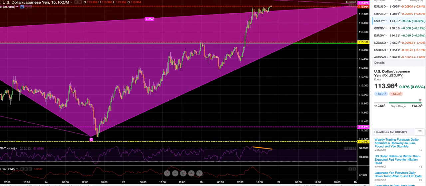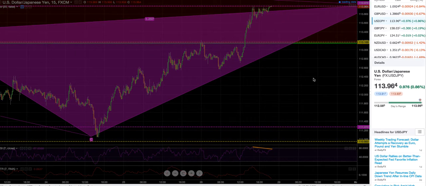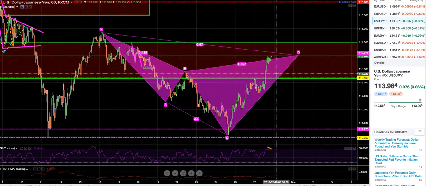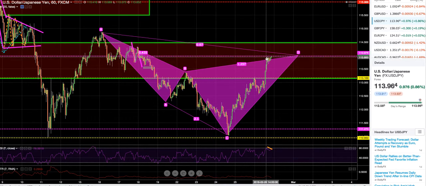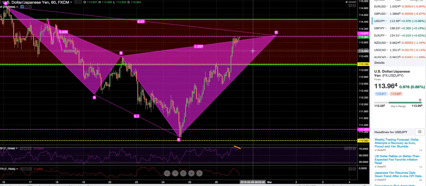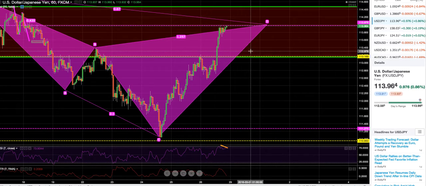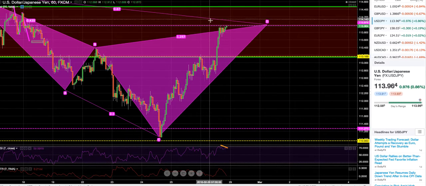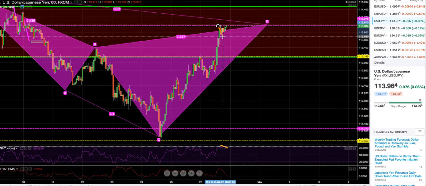So it's gonna be tough. I want to swing trade this off the 1 hour, but like I said, this is hard. It's hard to justify this being a double top.